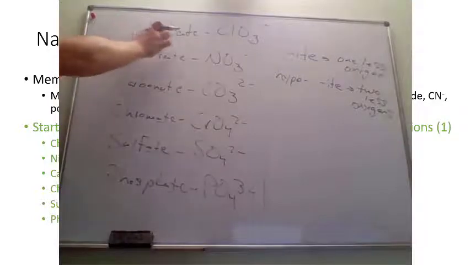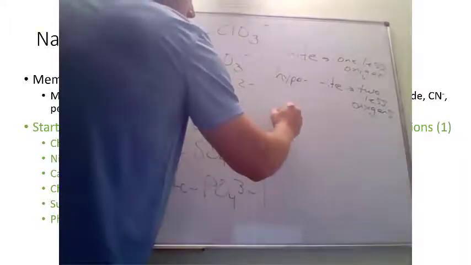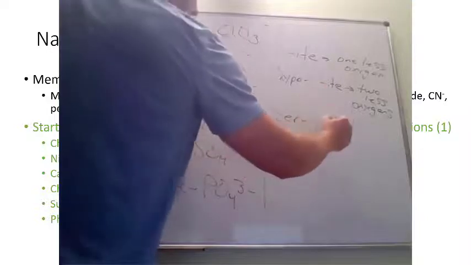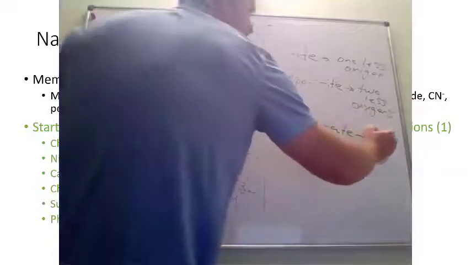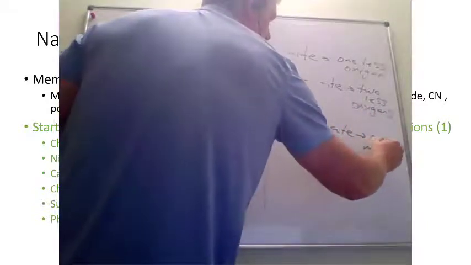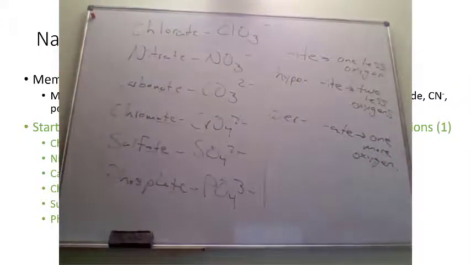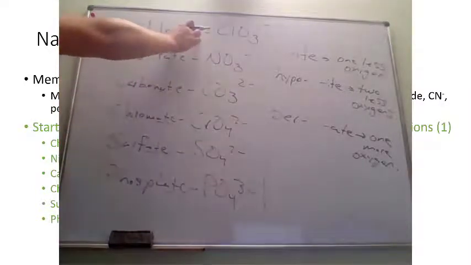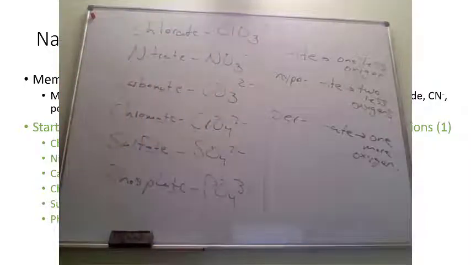So hypochlorite would be two less oxygens. Per as a prefix, and then ending with ATE, that means one more oxygen. So per-ATE means more oxygen. So if we're talking about perchlorate, that means we're going to ClO4 minus.